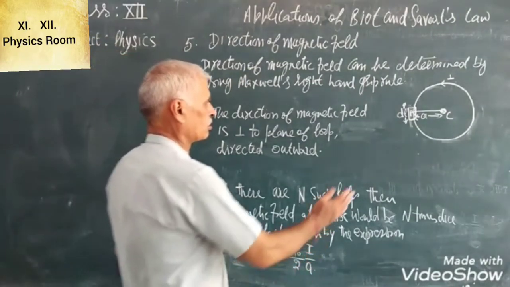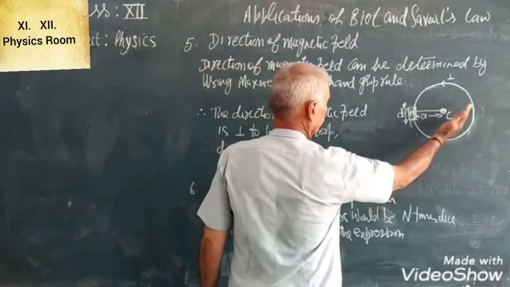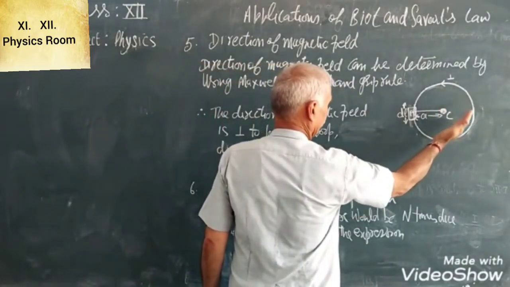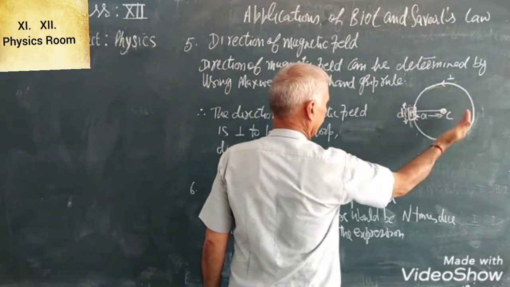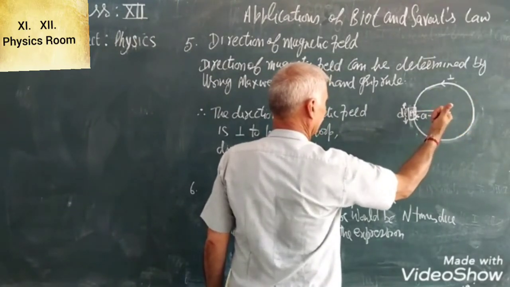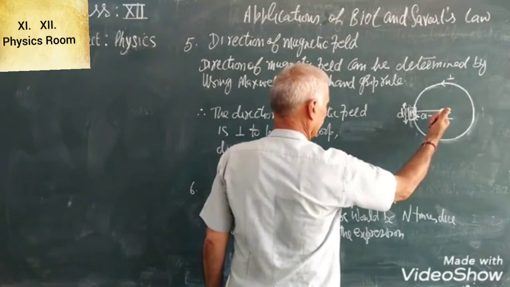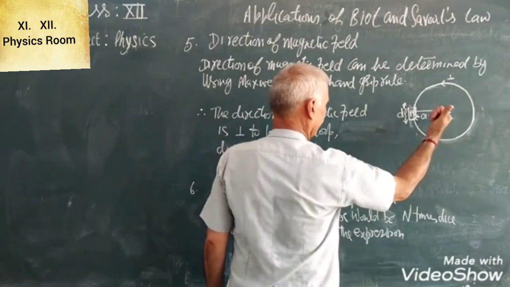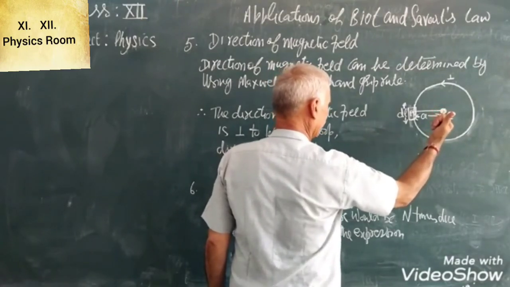You hold this loop in your right hand palm in such a way that fingers indicate the direction of current flow, then the thumb will give you the direction of magnetic lines of force, or the direction of the magnetic field.